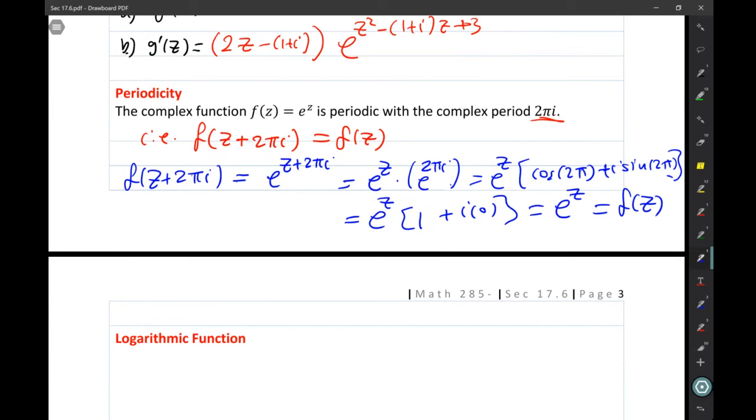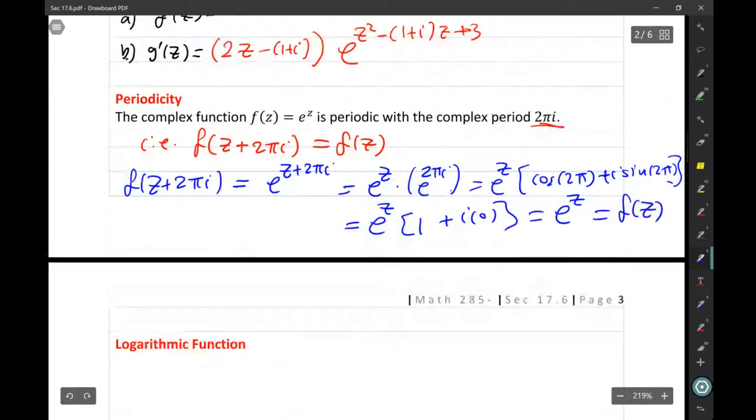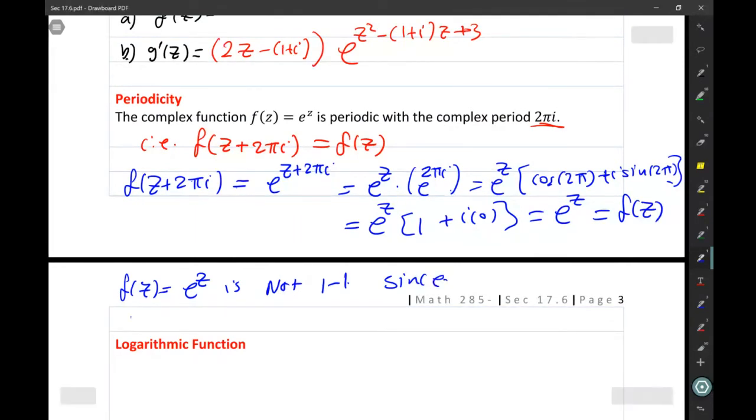Is the exponential function f of z a one-to-one function? The function f of z equal e to the power z is not one-to-one. Why? Since 1 is equal e to the power 2 pi I, which is also equal e to the power 4 pi I, which is equal e to the power 6 pi I. So you have two different values that have the same image.